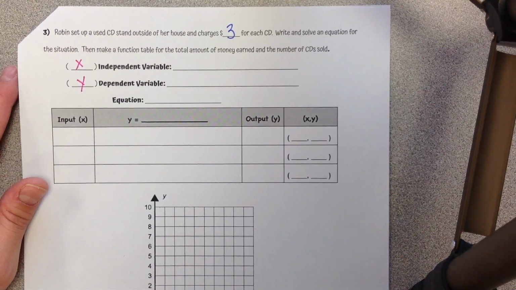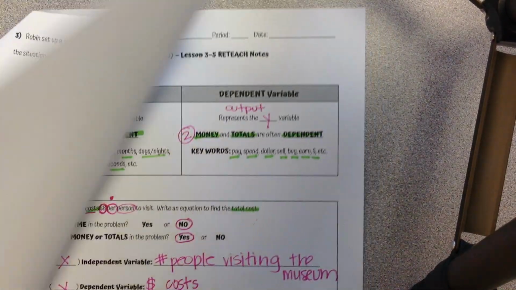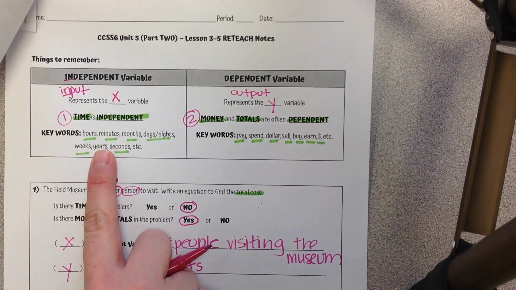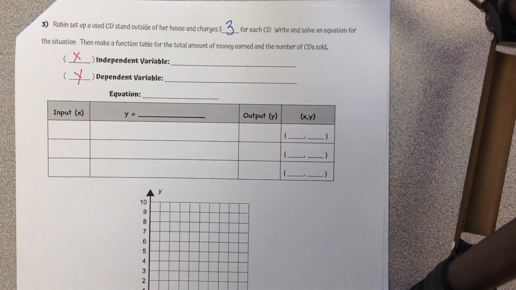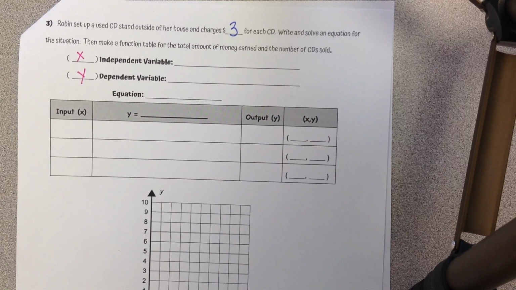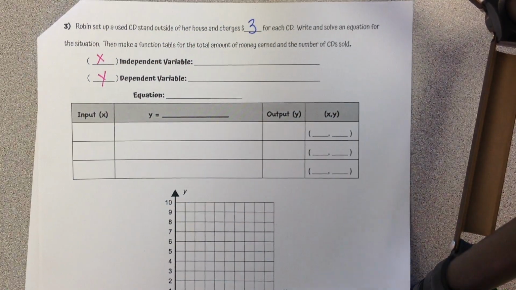I'm going to ask myself, going back to the front, is there time involved? No, I don't see anything that has to do with time. Okay? Is there money involved?